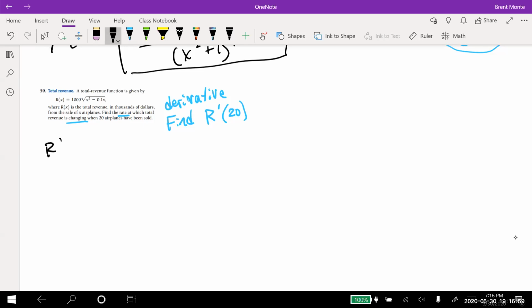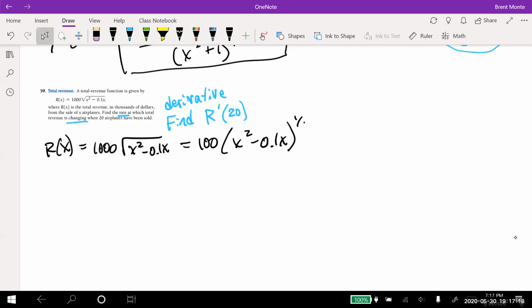We know the revenue function R of x is 1,000 times the square root of x squared minus 0.1x, which can be written as 1,000 times (x squared minus 0.1x) to the 1/2 power. Okay, so there's my function.